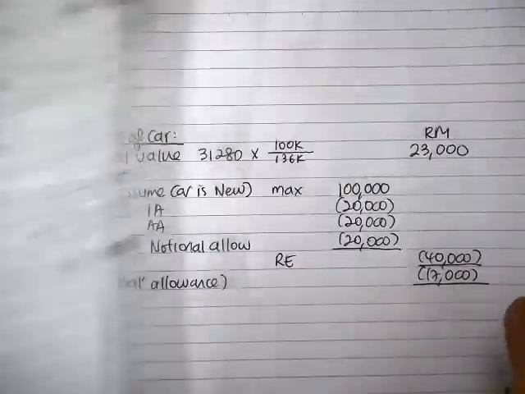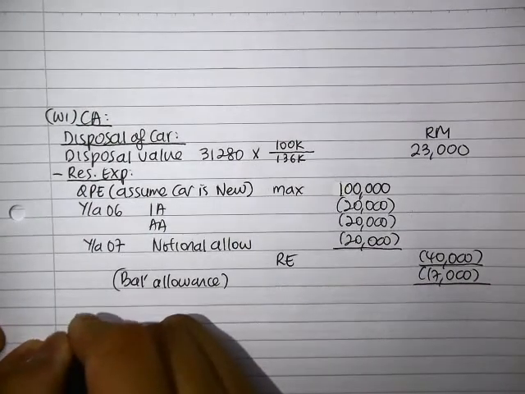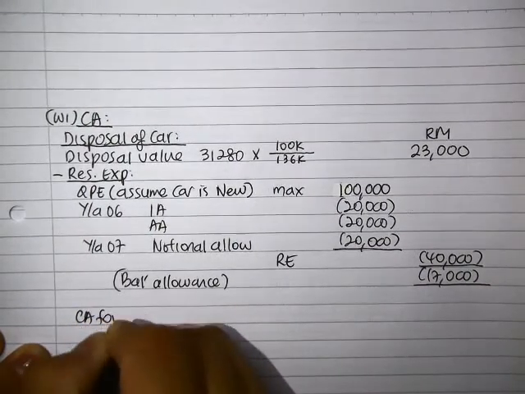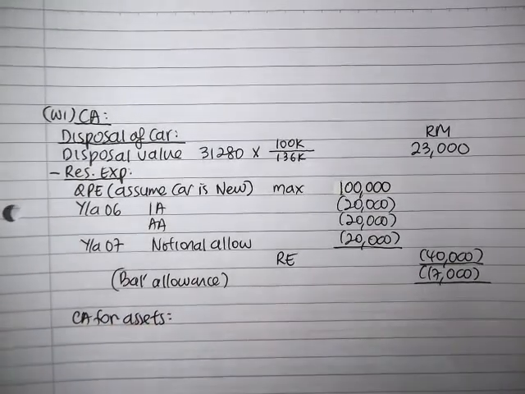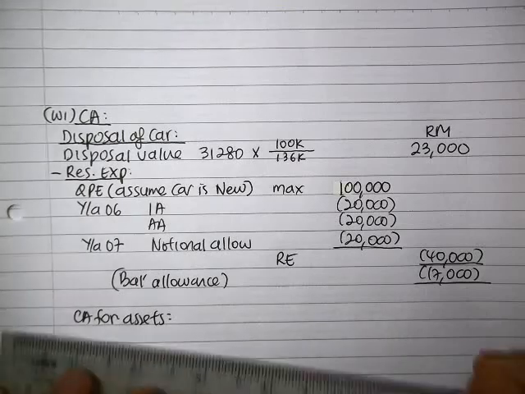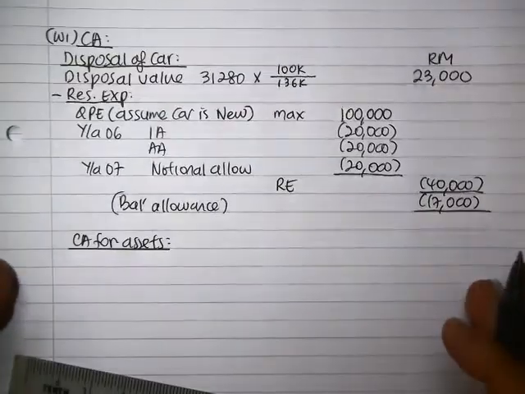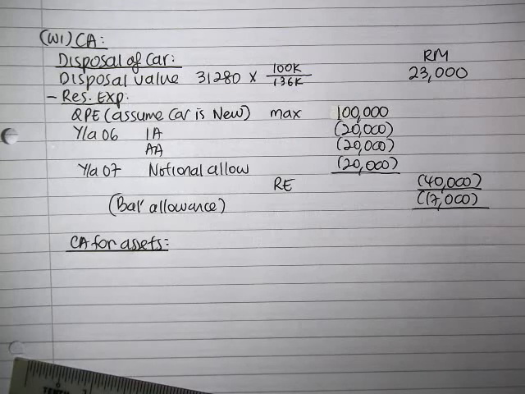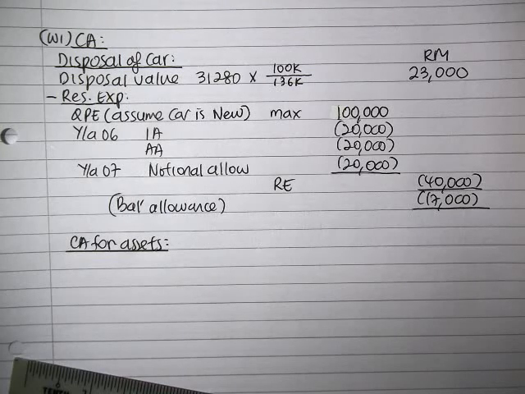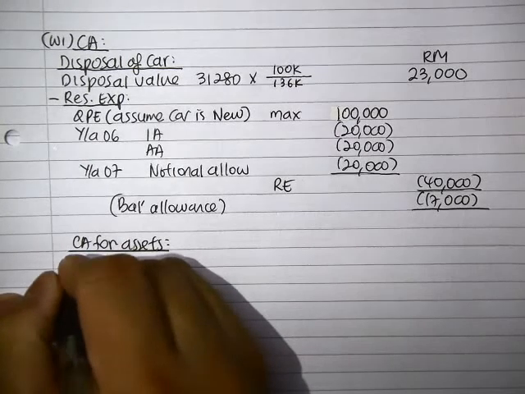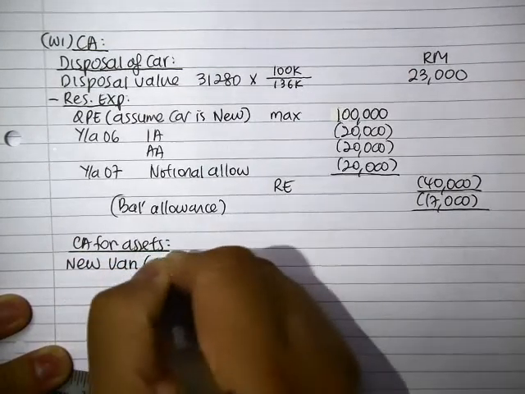Okay. Alright, now we look at the CA for the current year. Now what's the CA we have for the assets? Which assets are we having? The assets that we are having is the new van that you purchased, right? Now they say that they buy a van for 60,000. So we assume that van is commercial, okay? So there's a new van.